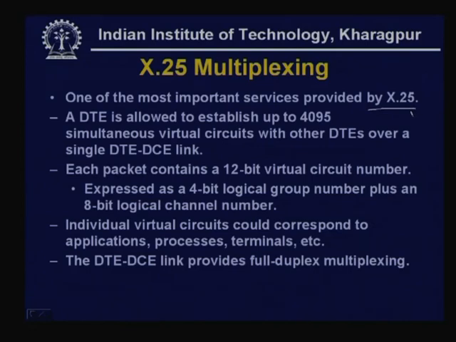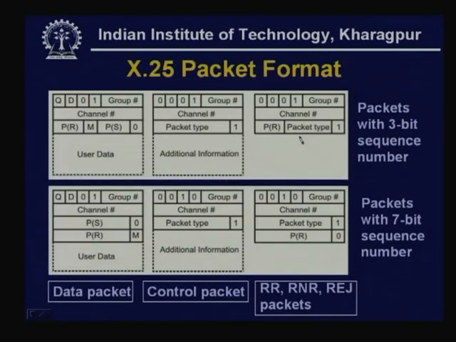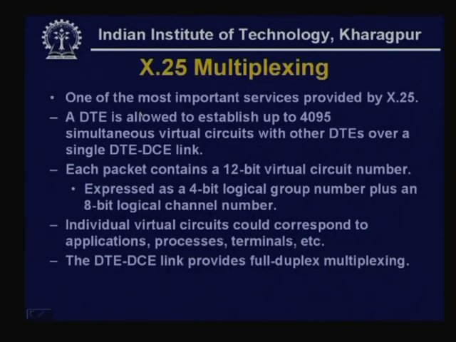As we have seen, a DTE is allowed to have up to 4095 simultaneous virtual circuits with other DTEs over the single DTE-DCE link, with the help of the 12 bits in the packet, group number and channel number. With these bits, up to 4095 virtual circuits can be created.